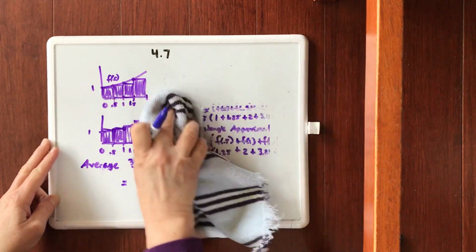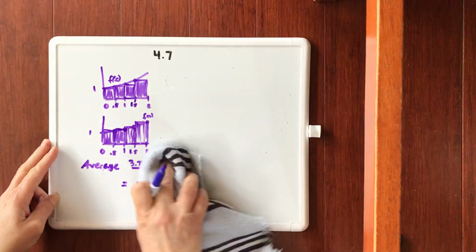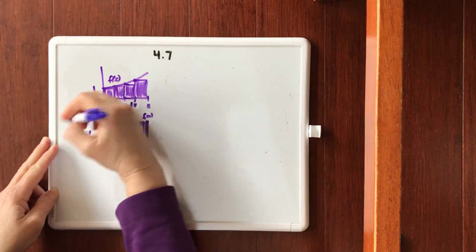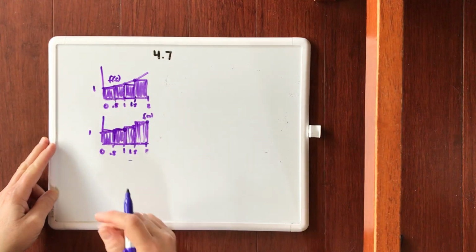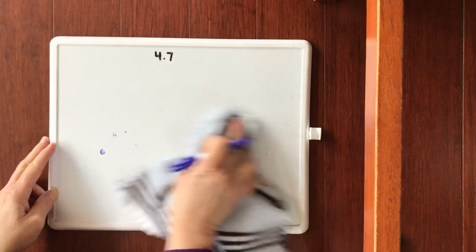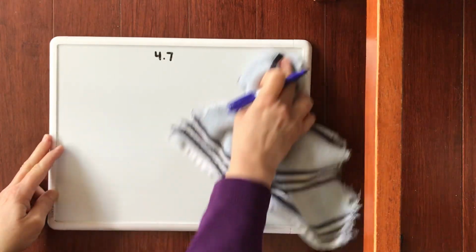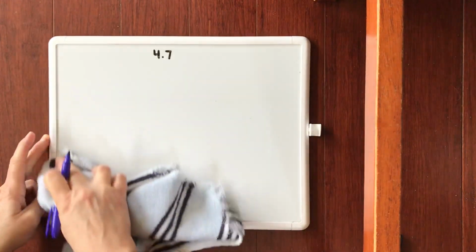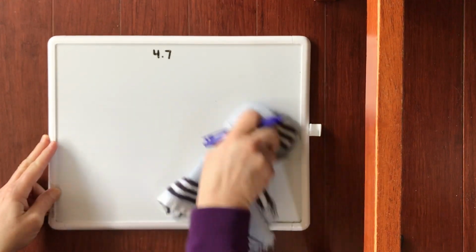I forgot to mention, these sums that we were just working on are called Riemann sums. Now remember, back then they didn't have calculators or computers. So they had to figure this stuff out on their own by estimating.